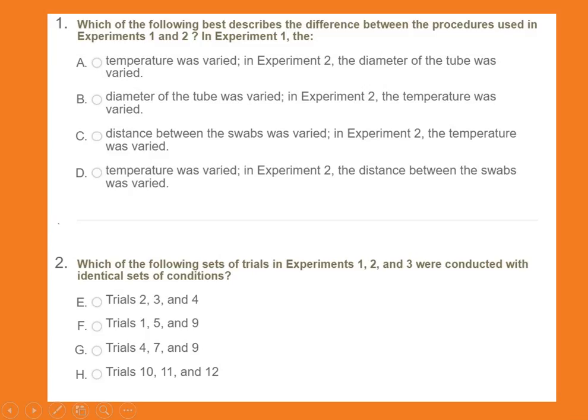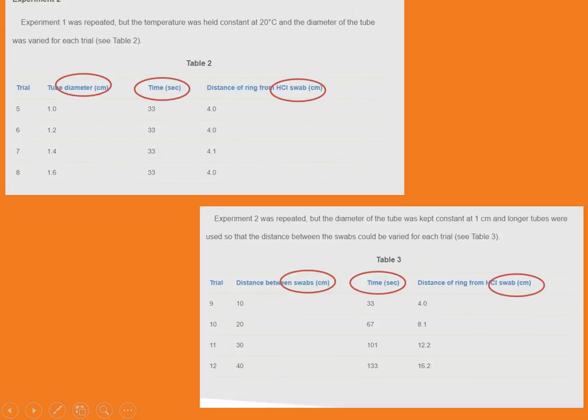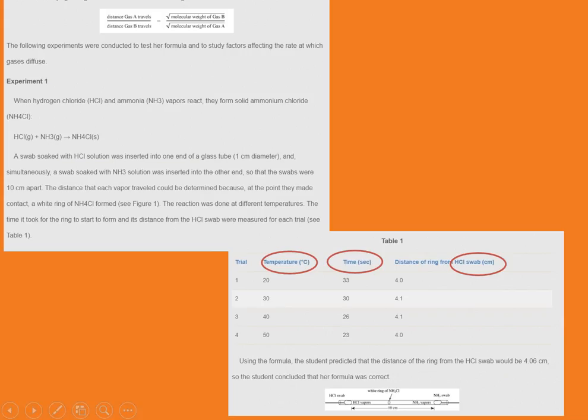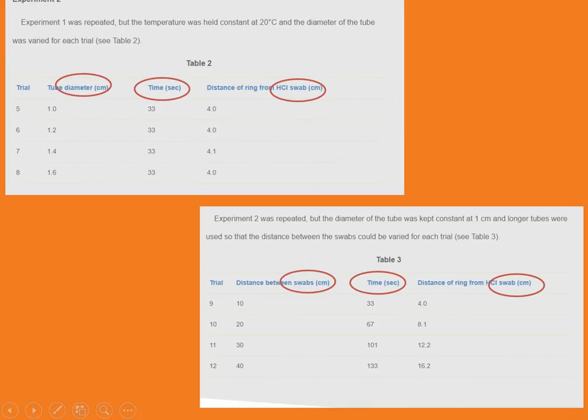1, 5, and 9. Let's check that out. 1, 20, 33. Those are the 2 things that we're going through. 5. Notice there's not a temperature thing. So we need to look up here. Temperature held constant at 20. Okay, so 20 times 33, 9, 33.